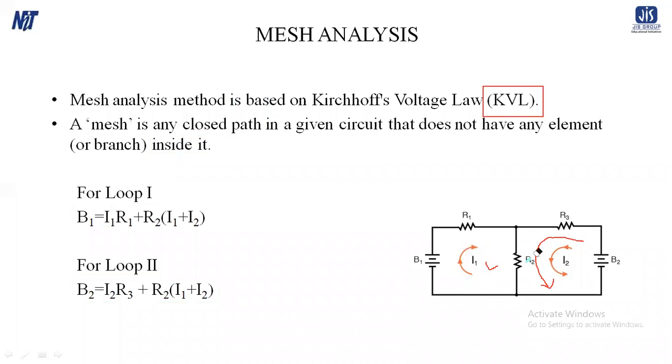If you follow carefully, for the first loop we are considering V1 as the voltage source, and I1 is the current circulating inside it in the clockwise direction.